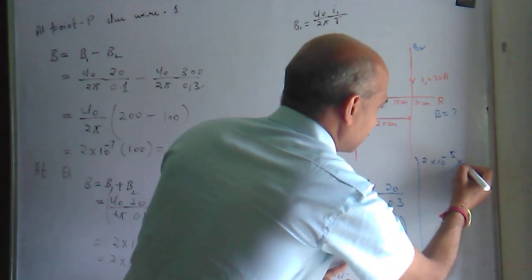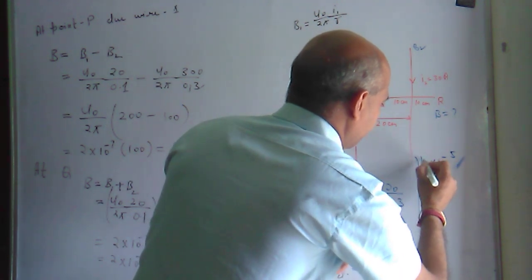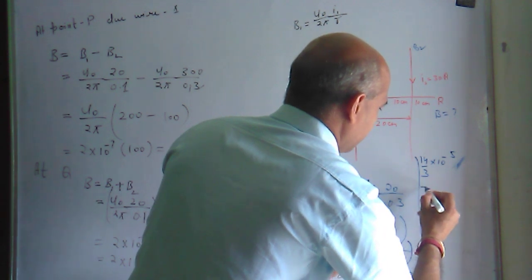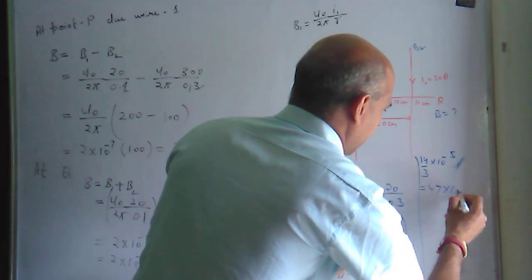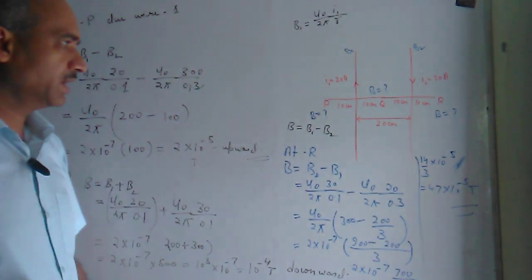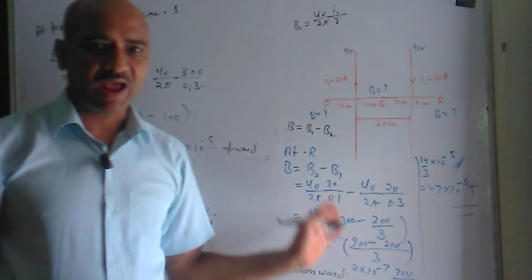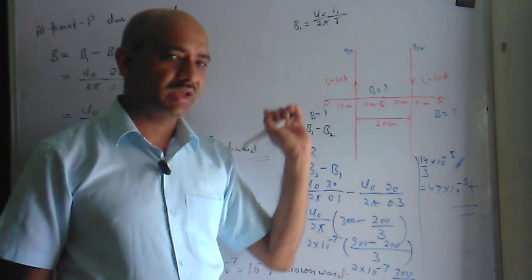So it will be 14 upon 3. On solving this, 4.7 into 10 to the power minus 5 Tesla, and the direction is vertically upward. So this is the field which we have calculated at these 3 various points.